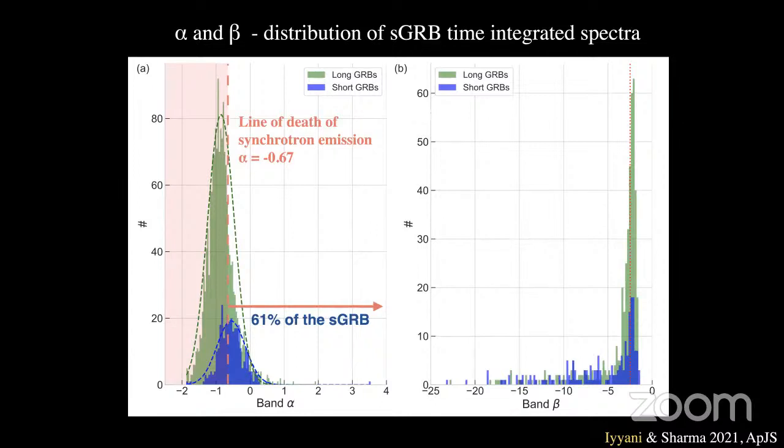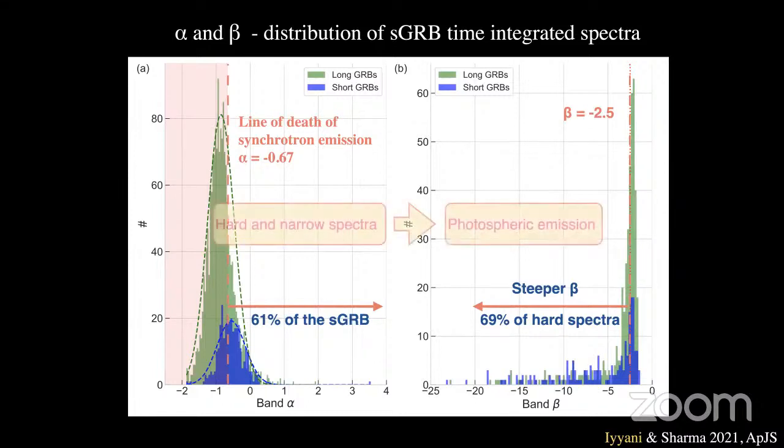And among the 61% of short GRBs, we looked at how the high energy part, that is the beta part, looks. We found that nearly 69% of those spectra had beta indices much softer than minus 2.5. That means it's very steep.